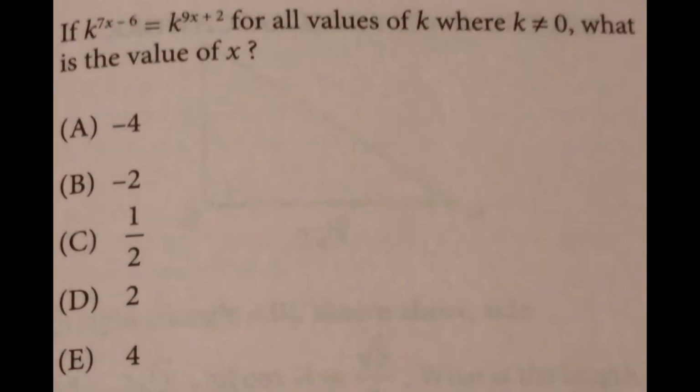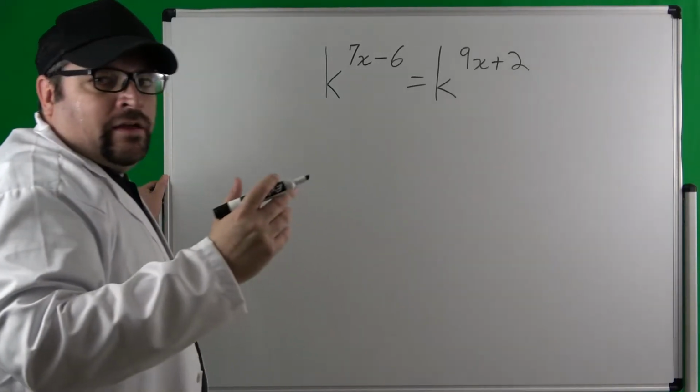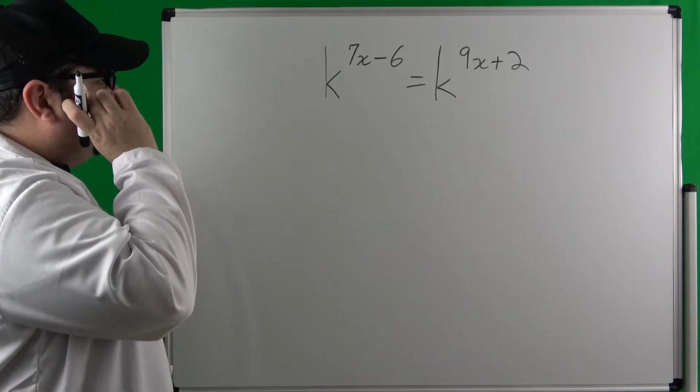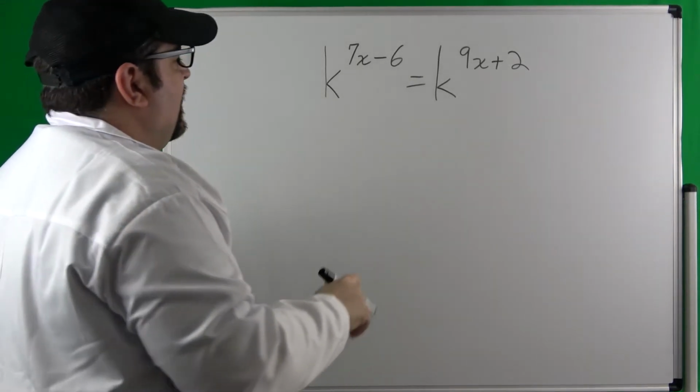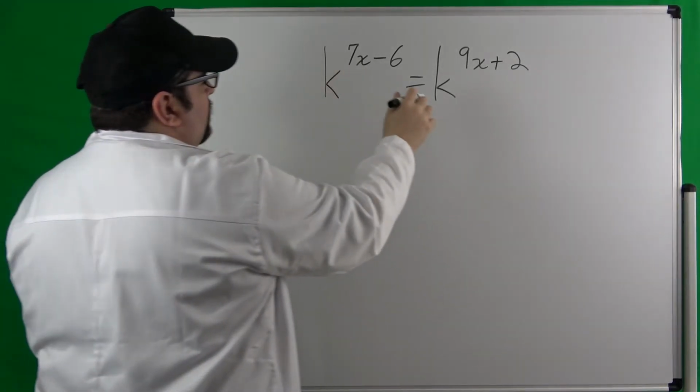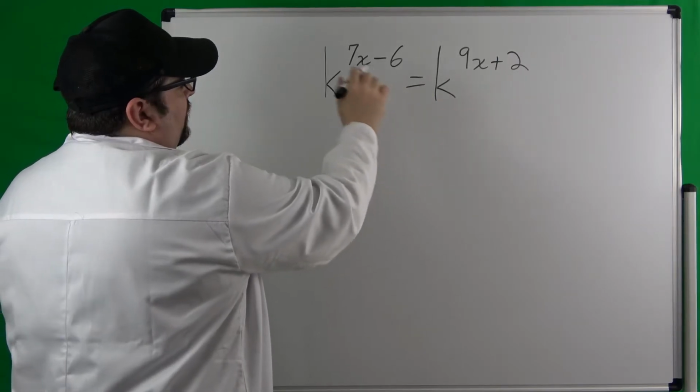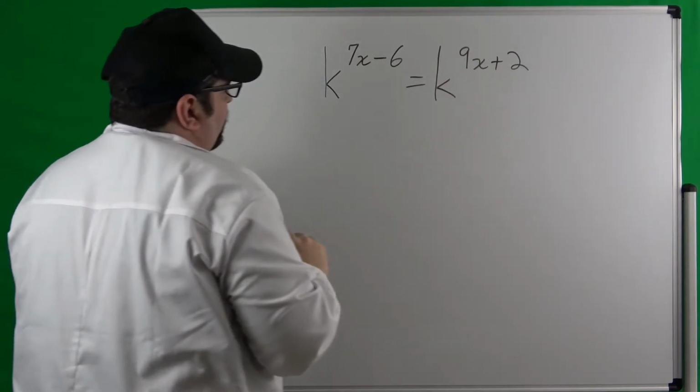Not bad. If k raised to the 7x minus 6 equals k raised to the 9x plus 2, what is the value of x? Okay, don't let this one scare you. There's a rule that says if the bases are equal, then the exponents must be equal.